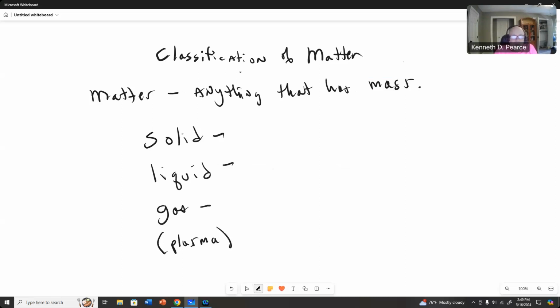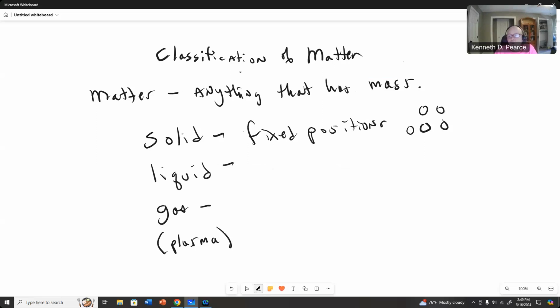Solids, the atoms or molecules cannot move around. They're fixed in position. In other words, with a solid, if you have an atom next to another atom next to another atom, they're not going to change places.